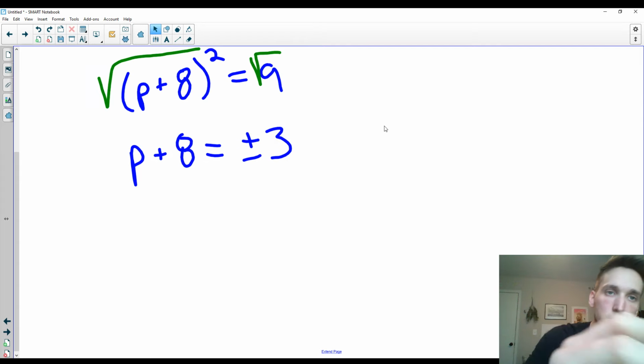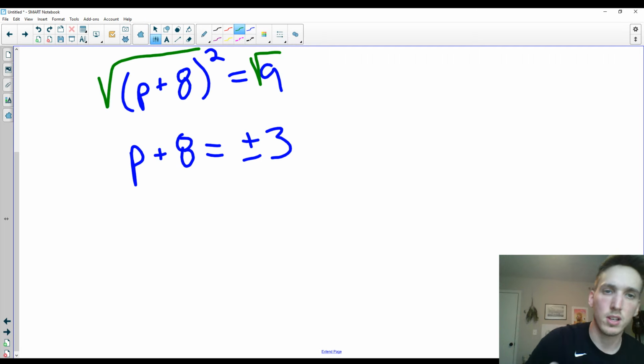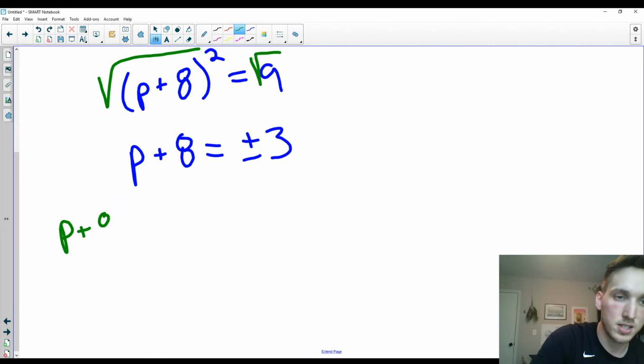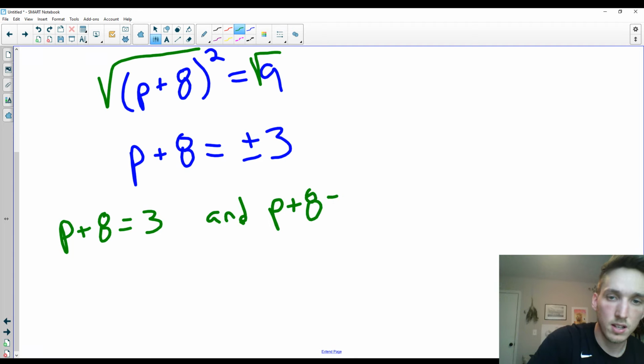So how do we handle this? Well, remember from the example before, we're going to split this up into 2 equations. P plus 8 equals 3, and p plus 8 equals negative 3, right?